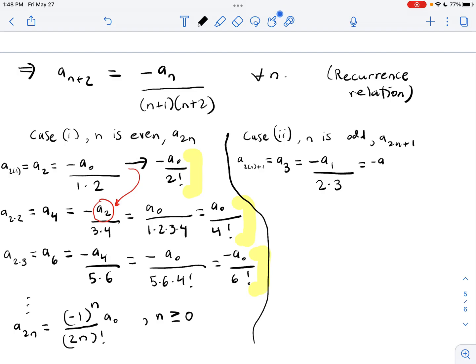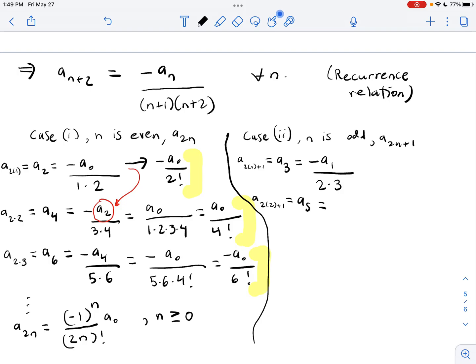Which is the same as negative, well, let me not write that yet. I wouldn't recommend writing the factorial until you see a clear pattern that this is going to continue. What would the next one be? A sub 2 times 2 plus 1, right? Which is a5, the next odd number. What are we going to get?